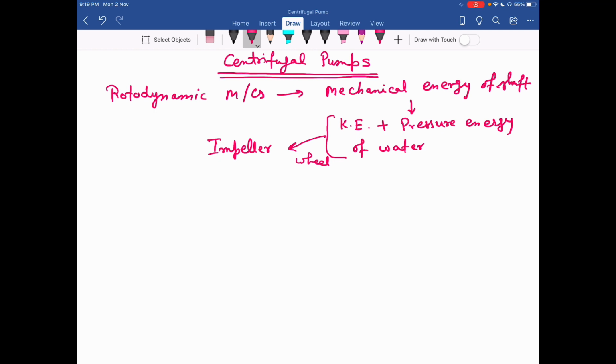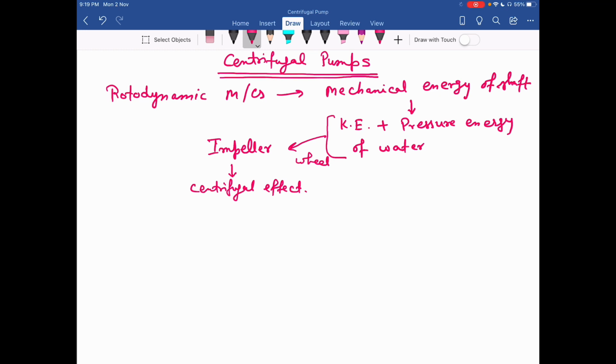Now, a centrifugal pump is named so because the energy added by the impeller to the fluid or to the water is largely due to centrifugal effect. That's why such pumps are called centrifugal pumps.